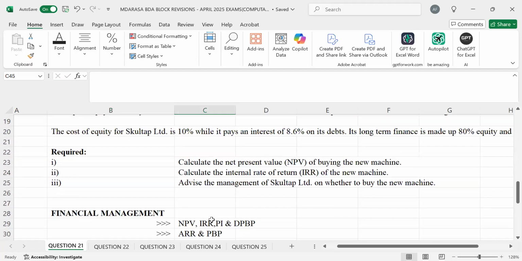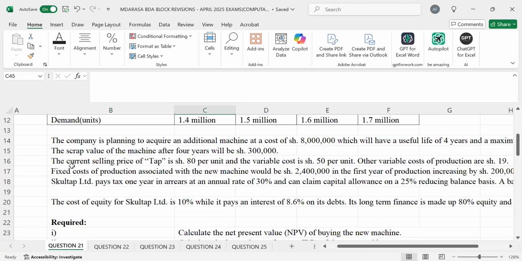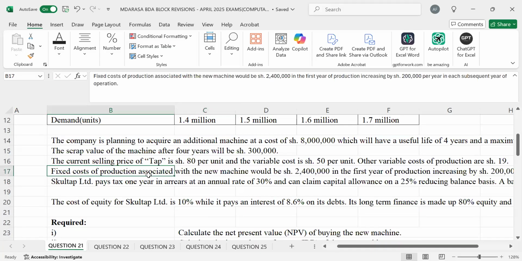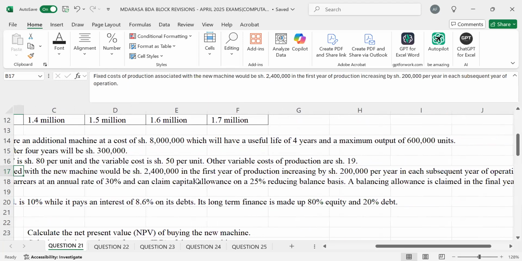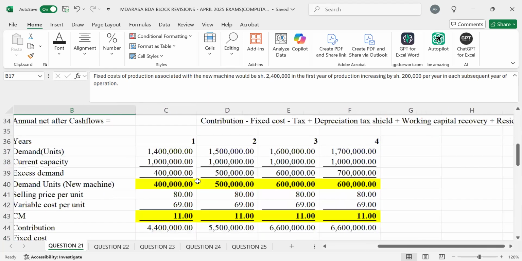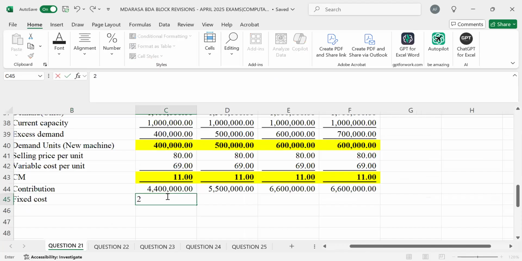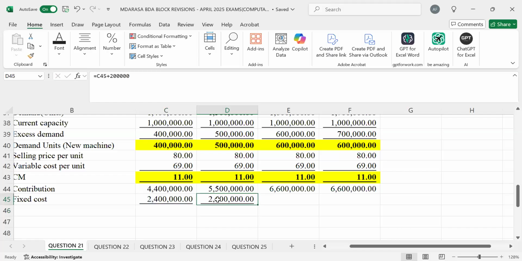The fixed cost of production associated with the new machine would be 2.4 in the first year of production, increasing by 200,000 per year in each subsequent year. So in year one we have 2.4, increasing by 200,000 all through, so that by the time we reach year 4 we have that value. That will give us our fixed cost.